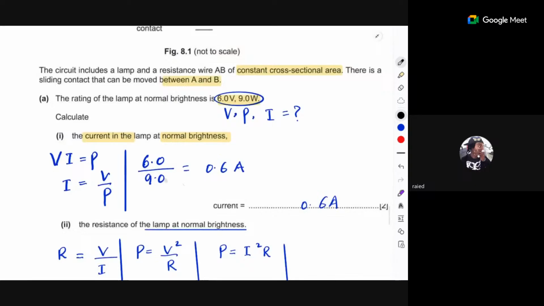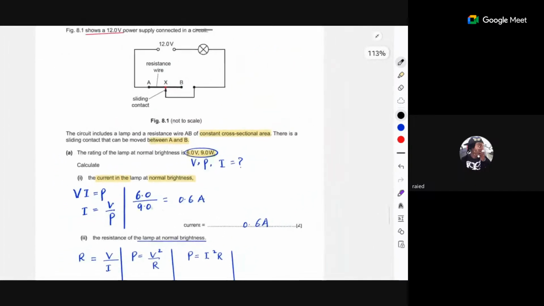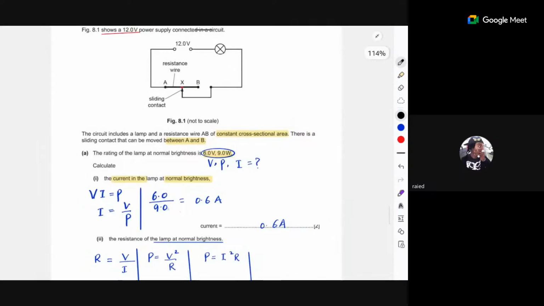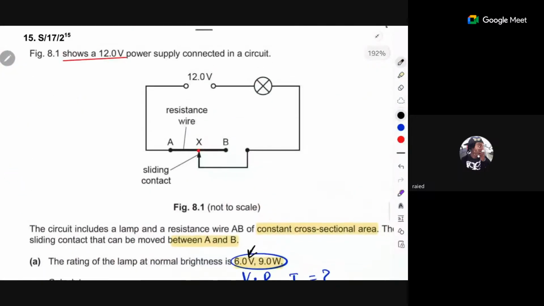Okay, do you have voltages? Yes, sir. How much? 6 volt. Is it mentioned that it needs 6 volts at the normal brightness? And when it needs 6 volts for normal brightness, there is one trick only. Mostly the students are trapped here that, sir, we have 12 volts across it.